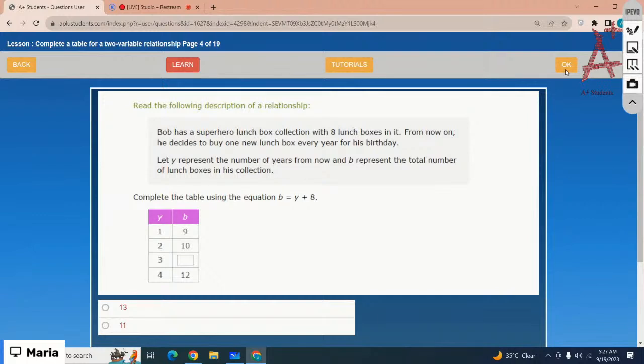So the missing value is, after 3 years he has 8 plus 3, 11 lunchboxes, right? Because he decided to buy one new lunchbox on every birthday. He already has 8. So after 3 years on his birthday he has 11 lunchboxes. The correct option is 11.